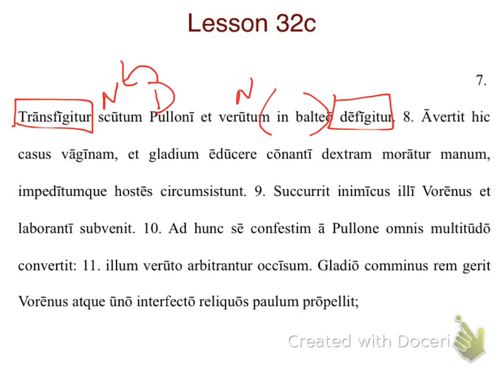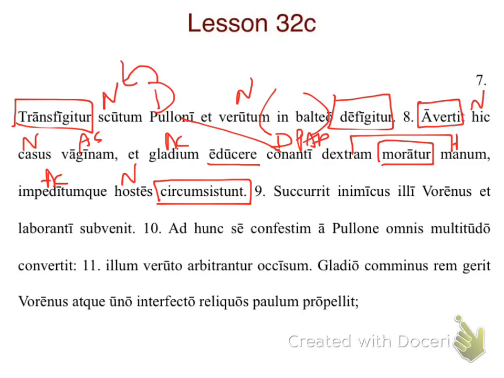Well, and the javelin is fastened in his belt. You got it. Turned away the scabbard. Hold on. Isn't casus misfortune? Misfortune, yeah. So misfortune turns away the scabbard.